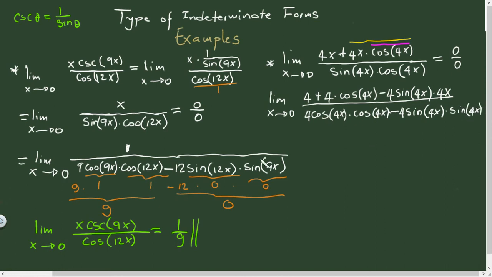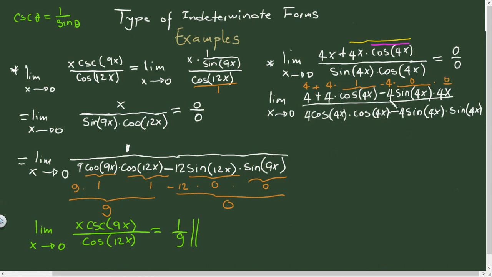Now we're going to try to plug the 0 in it to see what it's going to give us. If you put 0 in here, first of all we have 4. So let us just do it like this. We're having 4 here plus 4 times, we plug 0 in here, cosine of 0 is 1. We plug 0 in here, so minus 4 times sine of 0, this is 0, and times this one 0.